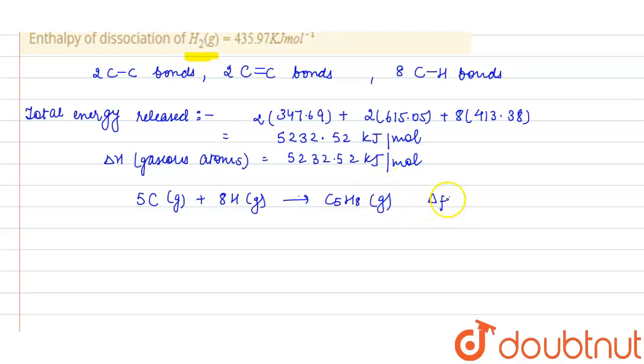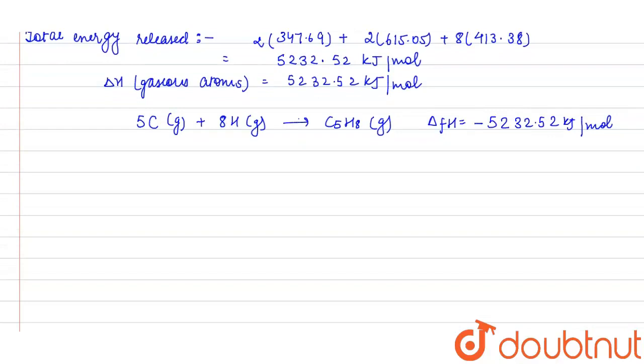So the delta H of formation will be equal to, formation is always negative, so here it is minus 5232.52 kilojoule per mole.